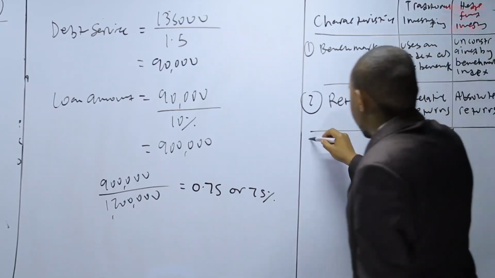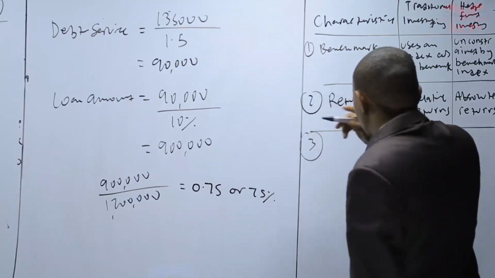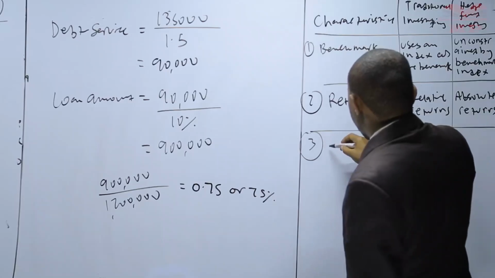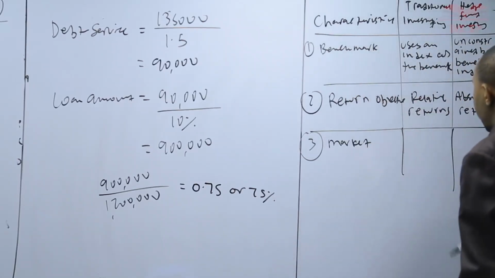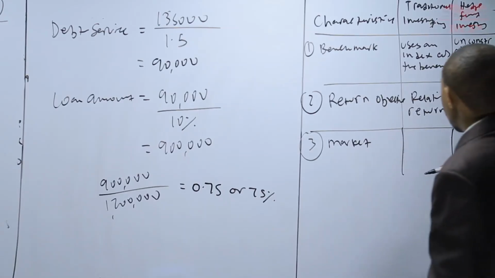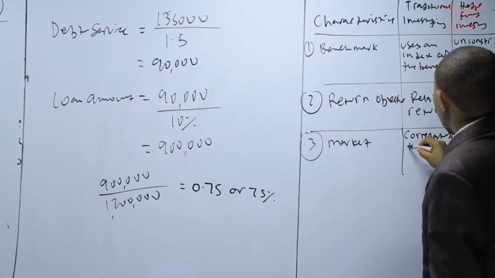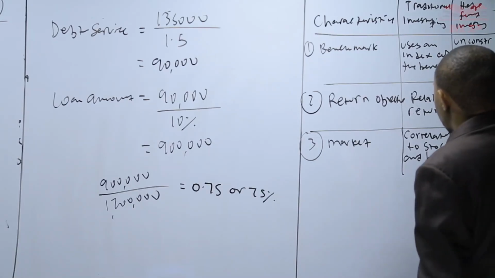We look at the third characteristic. I can see how many marks you're asking for. It's 3 marks, so we don't have to exceed the third point. We can say the market: traditional investing is correlated to stocks and bonds.